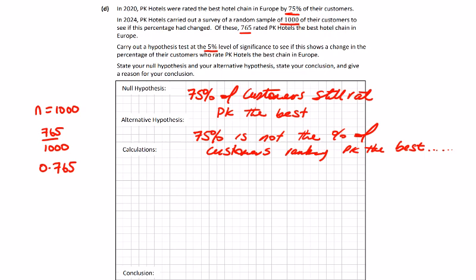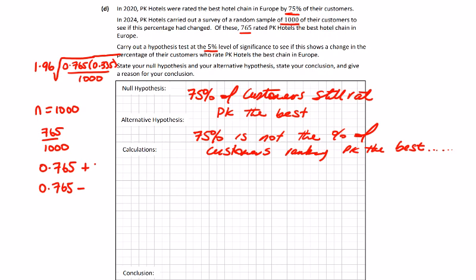So there's two ways to do this. We can do 1.96 times the square root of 0.765 times, that's p, and 1 minus p, which is 0.235, divided by n, 1,000, and we could add this on to 0.765, and we could take it away from 0.765, and I'll do that quickly on a calculator.